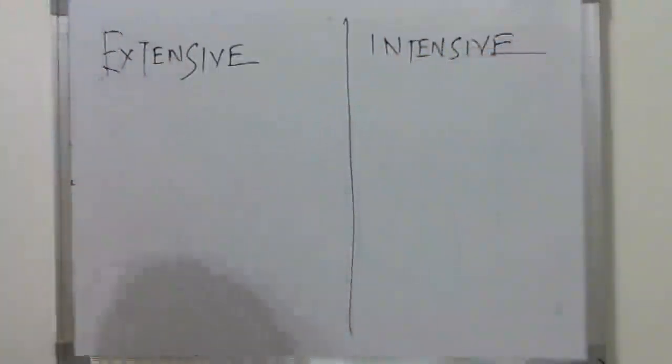Okay. So what are the extensive properties? Extensive properties are those properties which are dependent on the mass and size of the system.